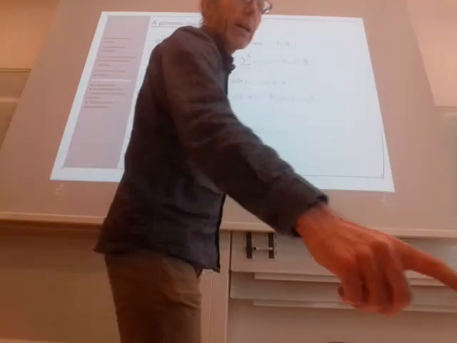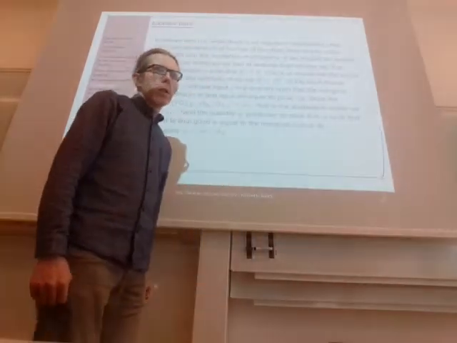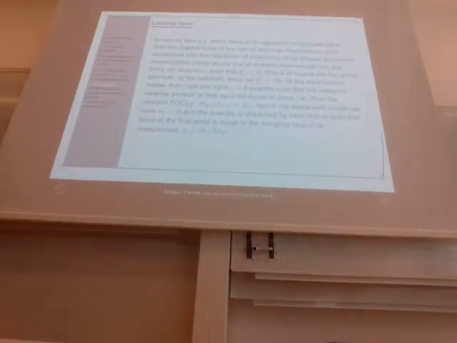So in laissez-faire, if R of E is 0, by definition in laissez-faire, then the solution to the firm's problem is just to set B prime E, or dB by dE, same thing, equal to 0. So you want to be at the top of the total benefit curve. You want marginal benefits of emissions to be 0.